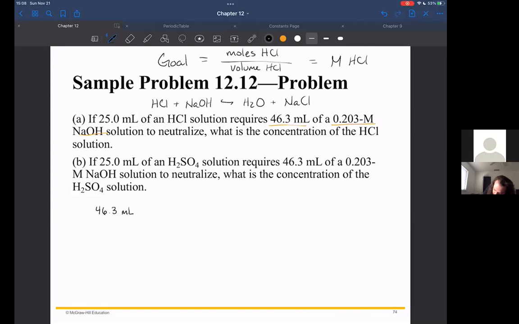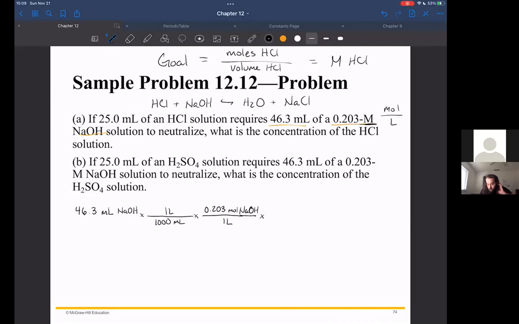So 46.3 milliliters of the NaOH. Again, I'm going to be really good with my units and always not only say the volume, but who I'm talking about. I want to use that concentration, but it's in molarity. Remember, this is moles per liter. So actually the first thing I have to do is make that jump from milliliters to liters. Now I can use my concentration, which is 0.203 moles of NaOH in 1 liter.